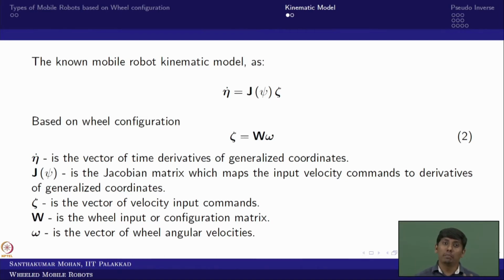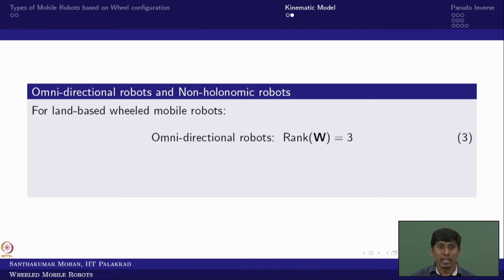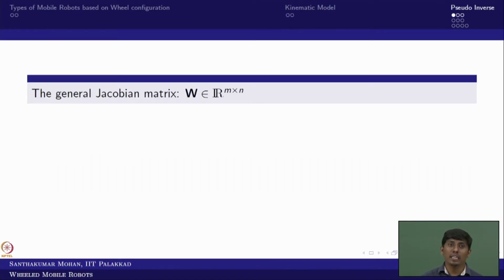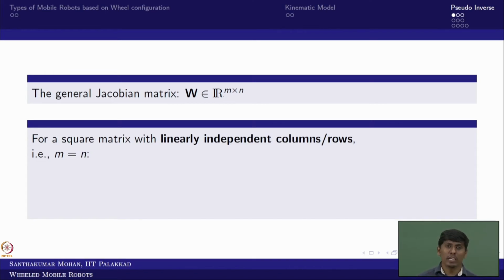Why? W can be rectangular. If it is rectangular, does the inverse exist or not? If I write W in real form, as a real matrix of m cross n, then if m equals n, we can easily find it, because it is a square matrix.